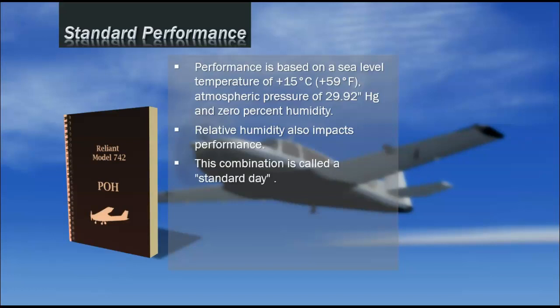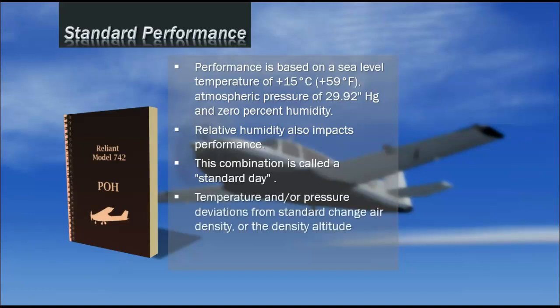This combination of standard temperature and standard pressure is called a standard day. The temperature and pressure deviations from standard change air density, or the density altitude. And because density altitude has an effect on aircraft performance, it's important for you to calculate what the density altitude is on a given day.